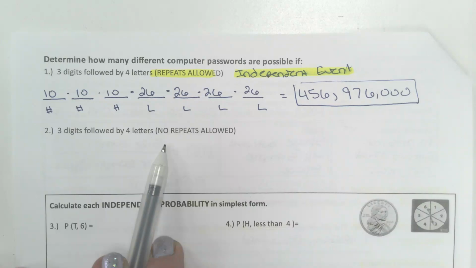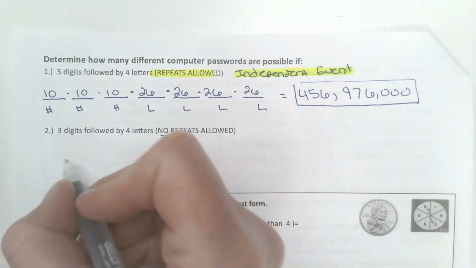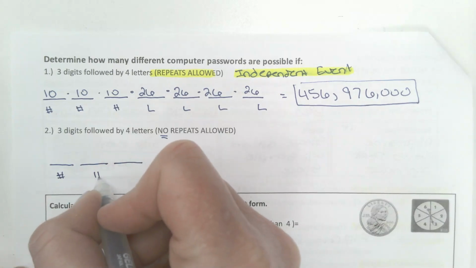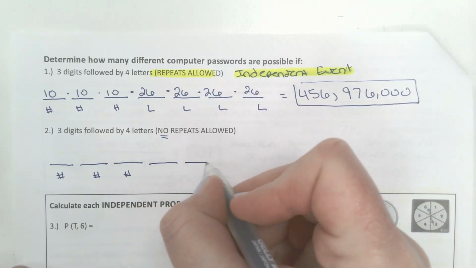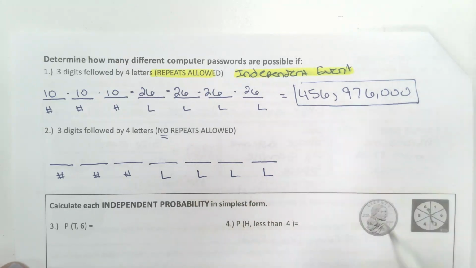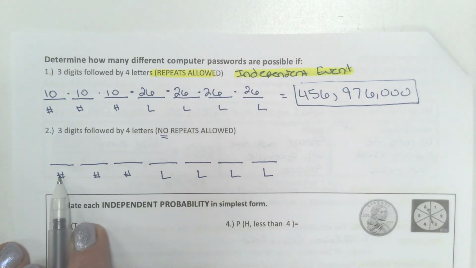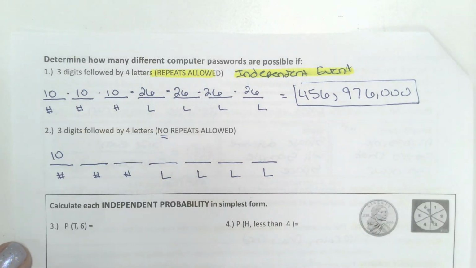Let's say we have almost the same scenario, but no repeats are allowed. All right, so I have a password that goes number, number, number, number, followed by letter, letter, letter, letter. In the first one, you have all 10 digits available to you.